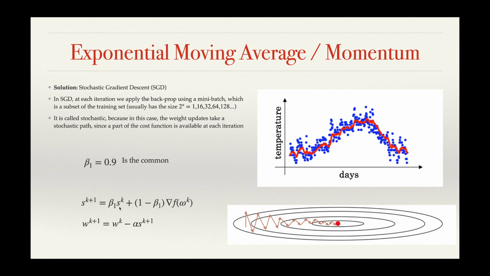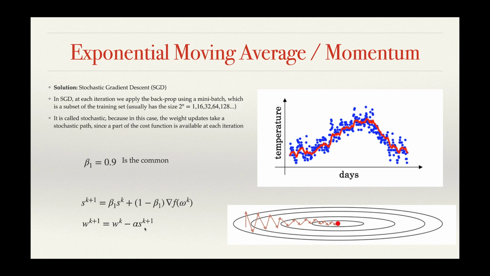Here we are calculating the speed of that signal, like the red line, since we're talking about the moving average as well. So here we have s_{k+1} equal to beta times s_k plus (1 minus beta) multiplied by the gradient that we usually use. Usually we had the gradient in this place, now we have it here.